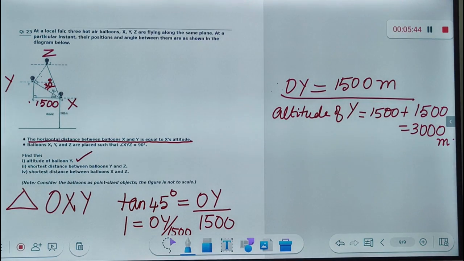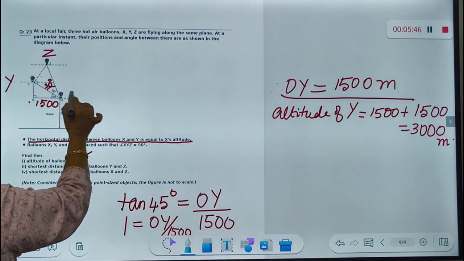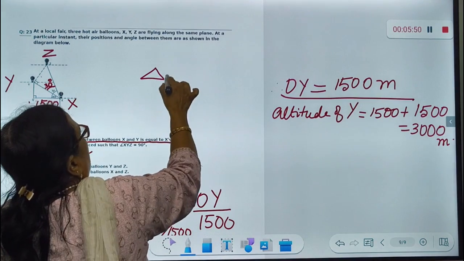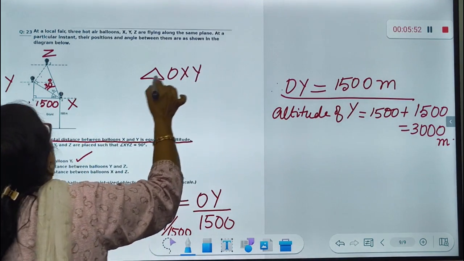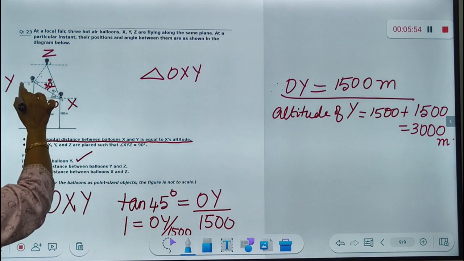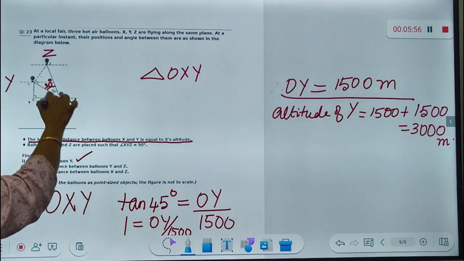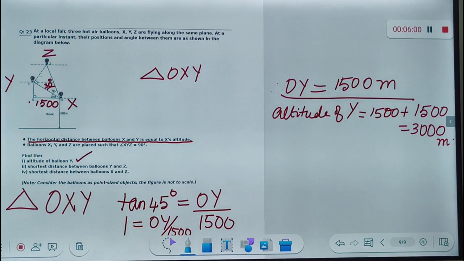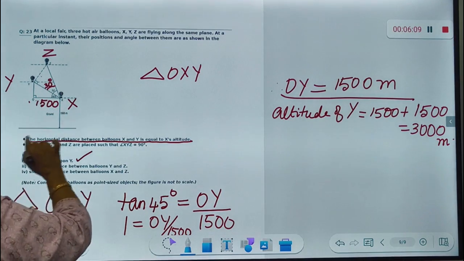Okay. Now if I take this triangle OXY, I want to find XY. I know the opposite side as well as the adjacent side. Both are equal to 1500 because this angle is 45.